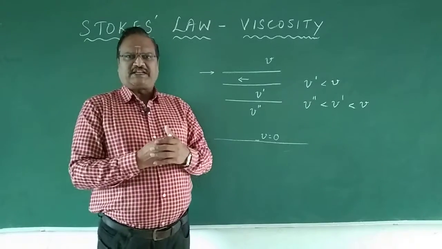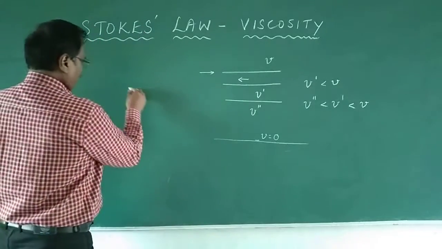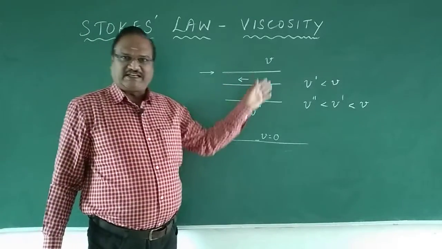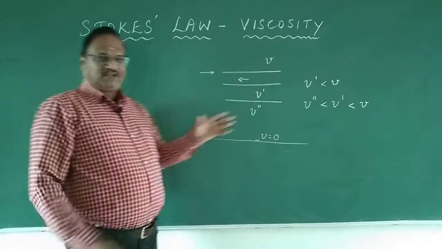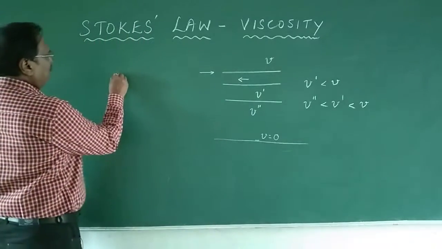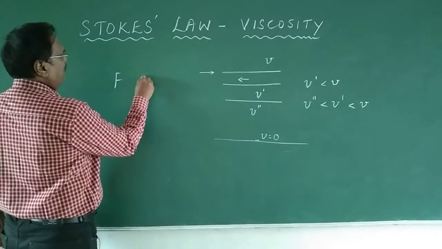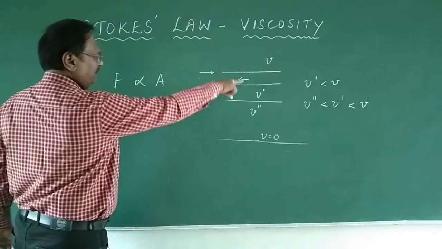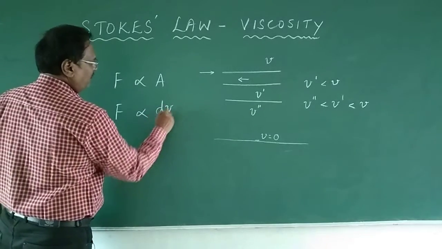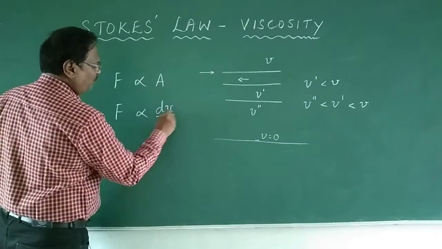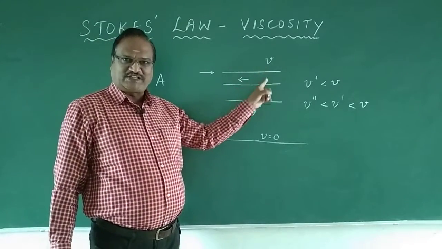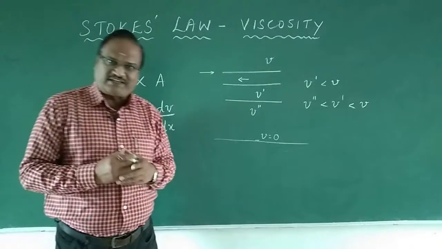Now, we also studied in the previous video how to derive an equation for viscosity, and what factors it depends on. That is also called Newton's law of viscous drag, where the tangential force F is directly proportional to the area A of the layers in contact, and F is also proportional to the change of velocity with respect to the perpendicular distance between them, which we called the velocity gradient.